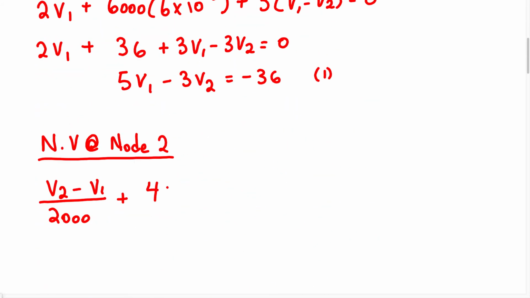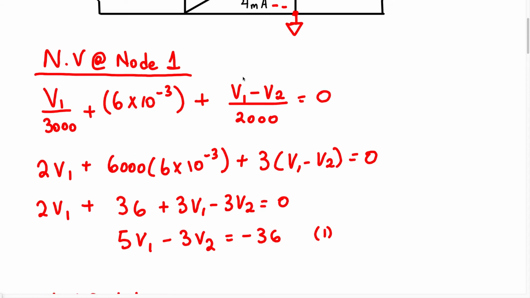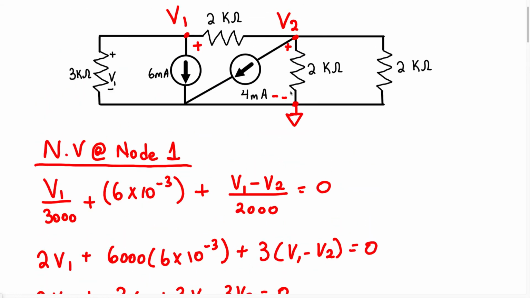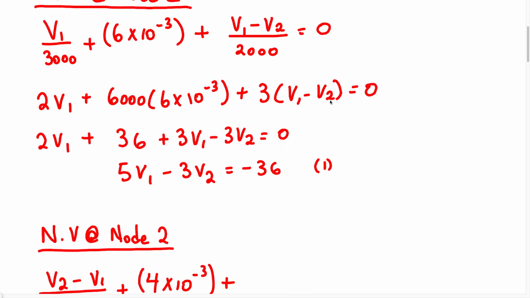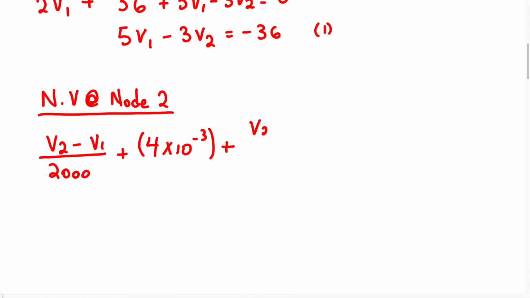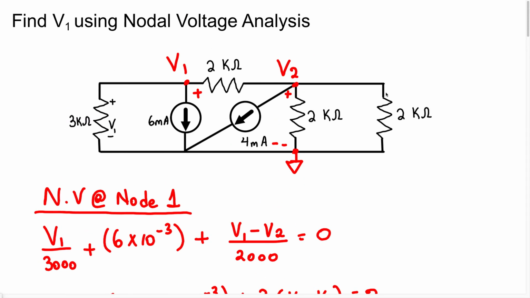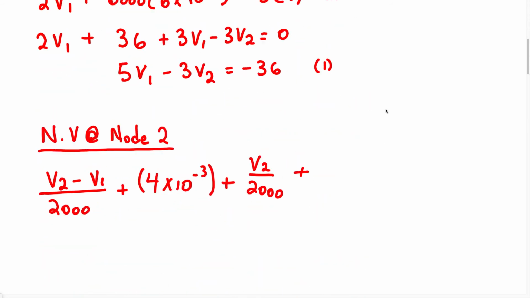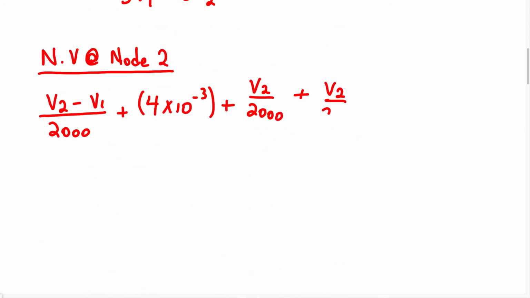So we have plus 4 times 10 to the negative 3, close brackets, plus the current leaving this node in this direction. We don't know that exact current, and because we don't want to introduce another variable, we just write it in terms of Ohm's law as V2 divided by 2000. That gives us the current in that branch. So V2 over 2000, plus the current in this branch, which is V2 over 2000 again. All of that equals 0.